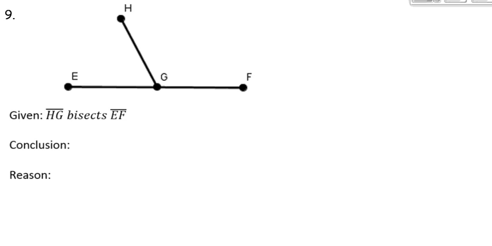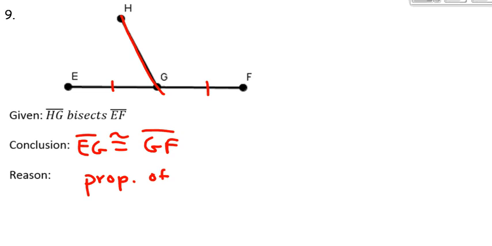Okay, HG is bisecting this other line segment, so these two things are equal. My conclusion, therefore, is line segment EG is congruent to line segment GF, and that would be the property of bisect, or definition of bisect. Either one would be fine.